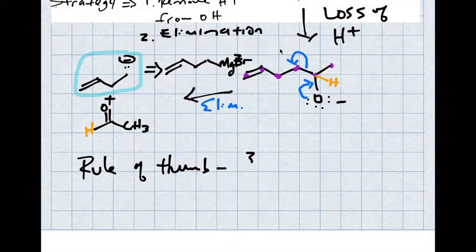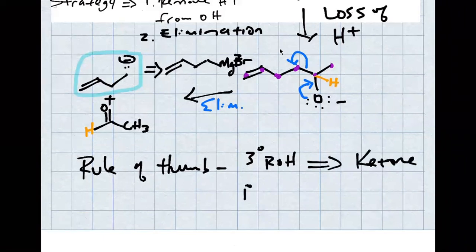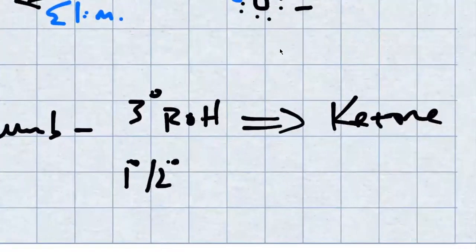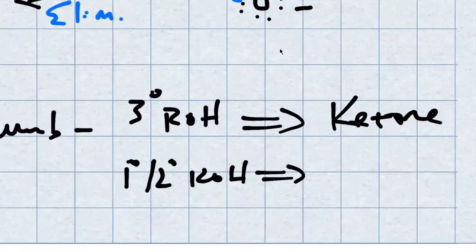If you got a tertiary alcohol in the product, then that means you started with a ketone. If you have a primary or a secondary alcohol, that means you started with an aldehyde.